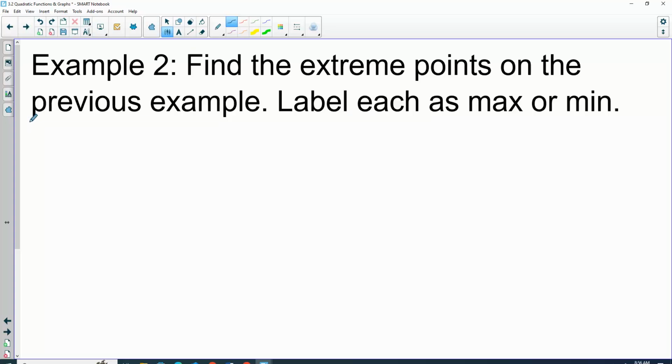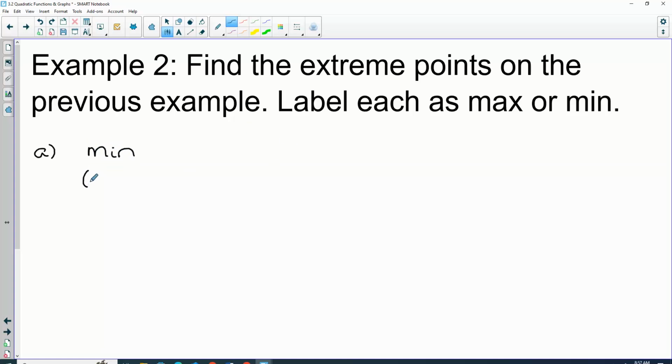Okay, so identify the extreme points on the previous example and identify each as a maximum or a minimum. So if we look back at our notes from yesterday, look back at graph A that we did. What was that, a maximum or a minimum? A minimum, because we had a graph opening up.